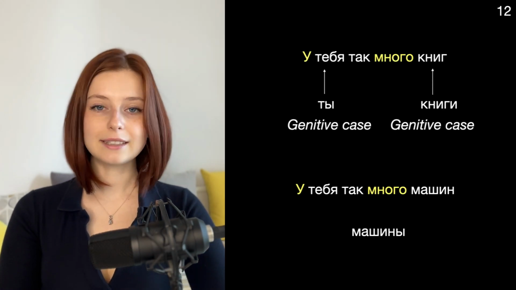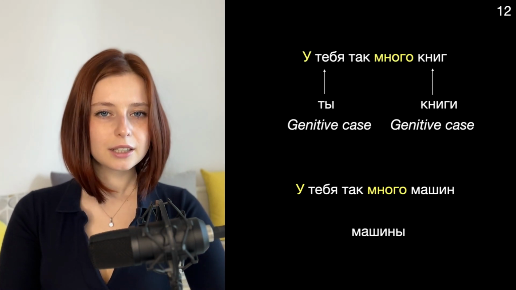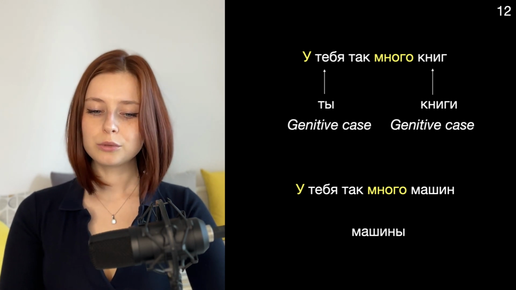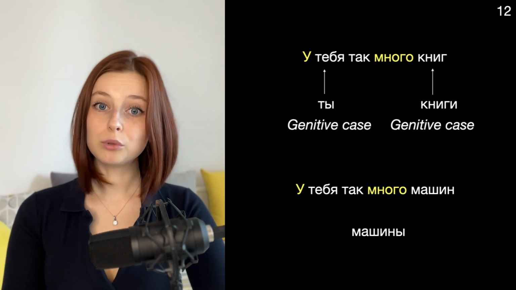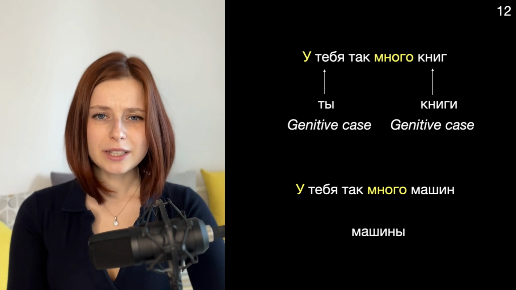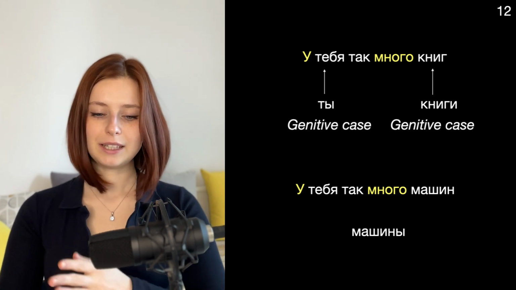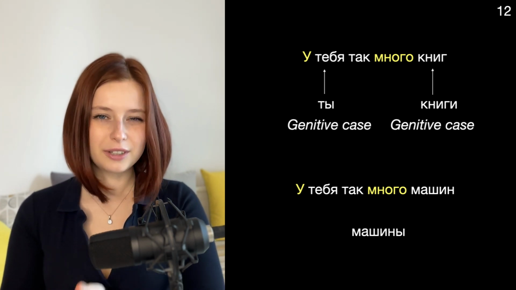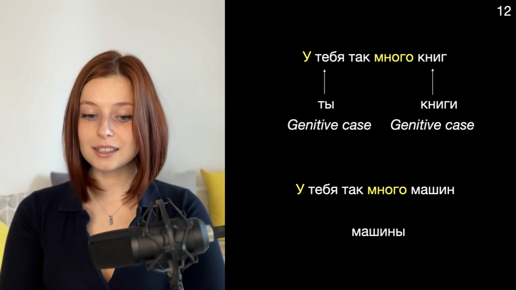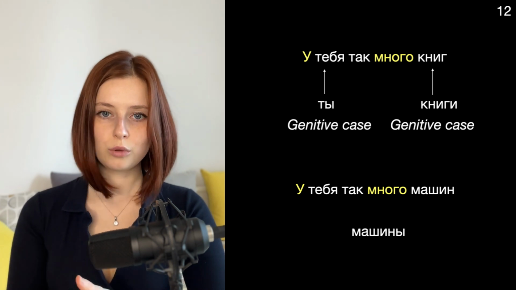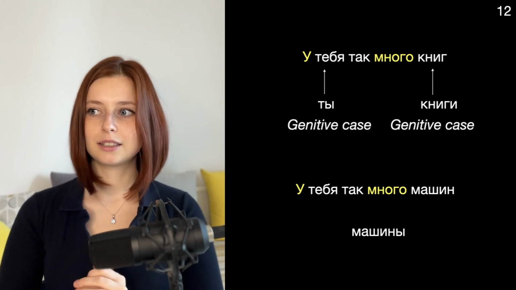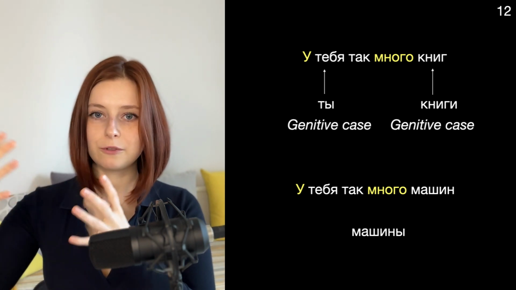У тебя так много книг? What exactly does this sentence mean? By you, so many books? It's like, wow, you really have so many books? But in context, right? You don't really say really in this sentence. So, так means so, a certain way, but also так is to emphasize.